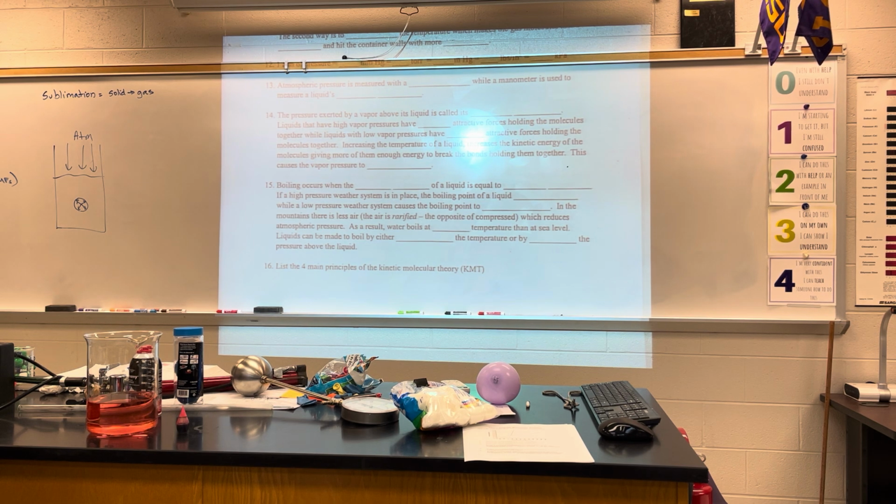Right? And in the mountains there is less air, and I love the word, it's a great ACT word, the air is rarefied. Okay, it means the opposite of compressed. It's really spread out, which reduces atmospheric pressure. As a result, does water boil at a higher or lower temperature in the mountains than at sea level? A lower temperature.